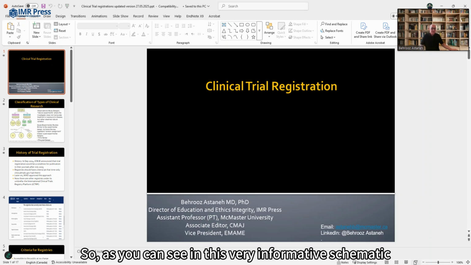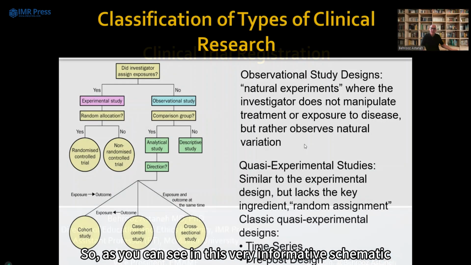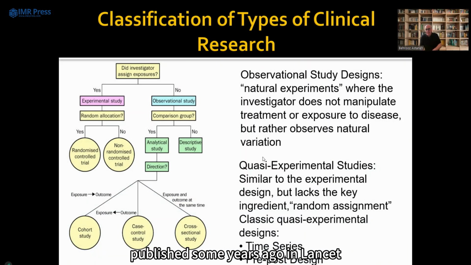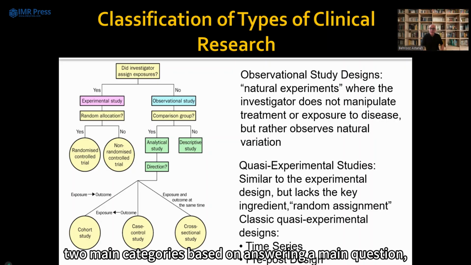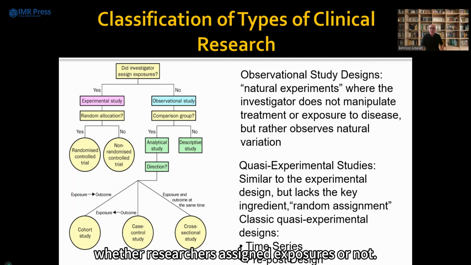So as you can see in this very informative schematic published some years ago in Lancet by two well-known researchers, David Grimes and Kenneth Schultz, about different types of clinical research, we can see that clinical research can be divided into two main categories based on answering a main question, whether researchers assigned exposures or not.